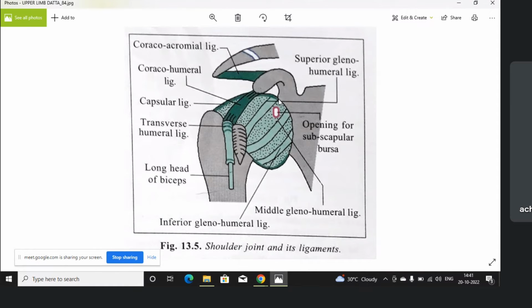Next ligament, coracoacromial ligament. Medially, it is attached to the coracoid process, and laterally, it is attached to the acromion process.